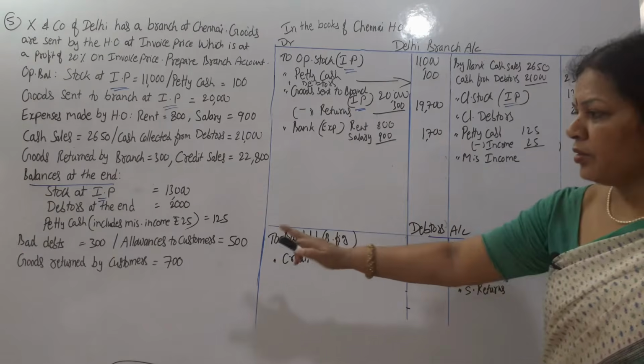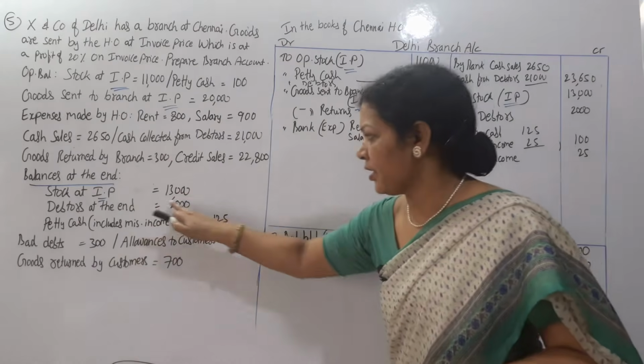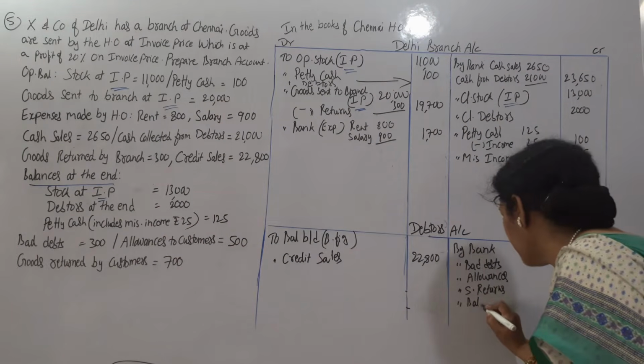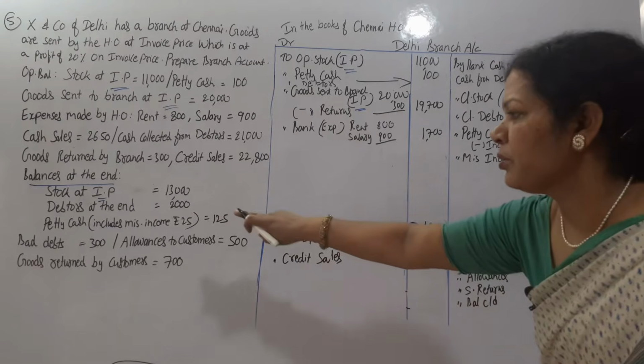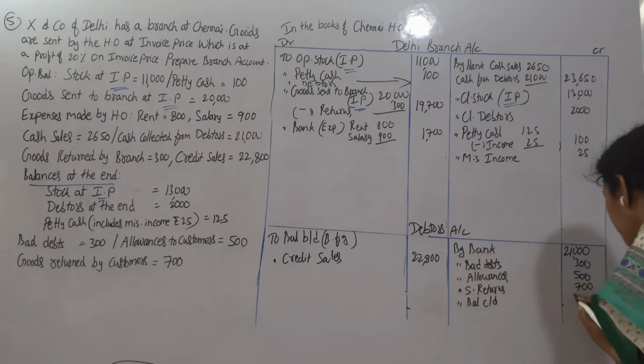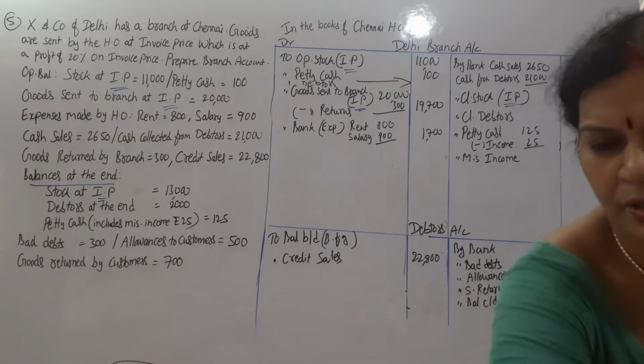And also we need to write the closing debtors by balance carried down. How much is the closing one? It is 2000. Now let's total everything.